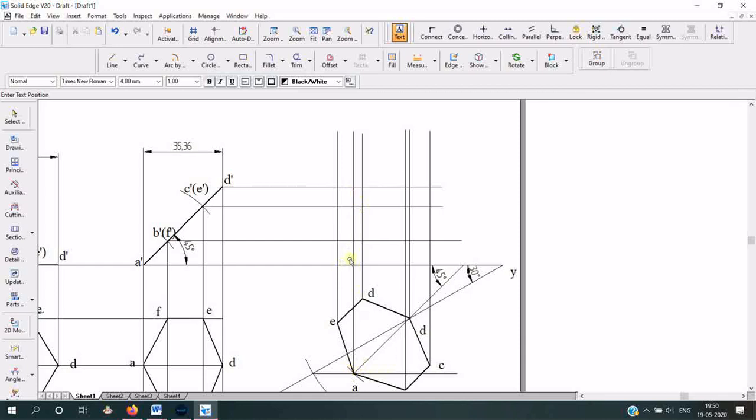A is here, the A projection line, and A and A dash meet here. This is A dash. B is here, and the B projection line is this one. C and C dash meet here. Next D and D dash meet here.